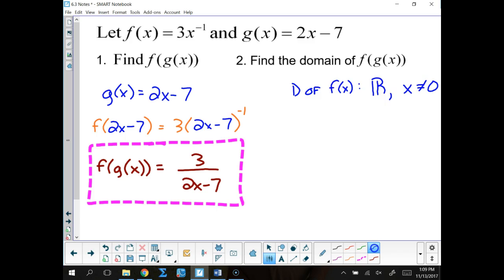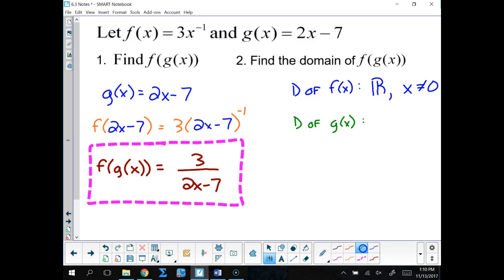Let's talk g of x. No, just g. Just g, it's all real numbers, right? Because there's no fractions, and there's no even indexed radicals.